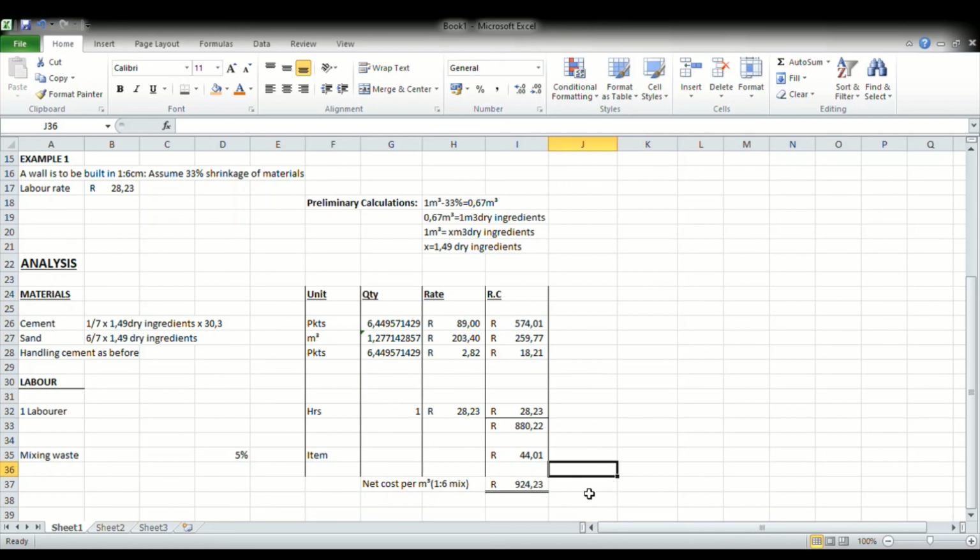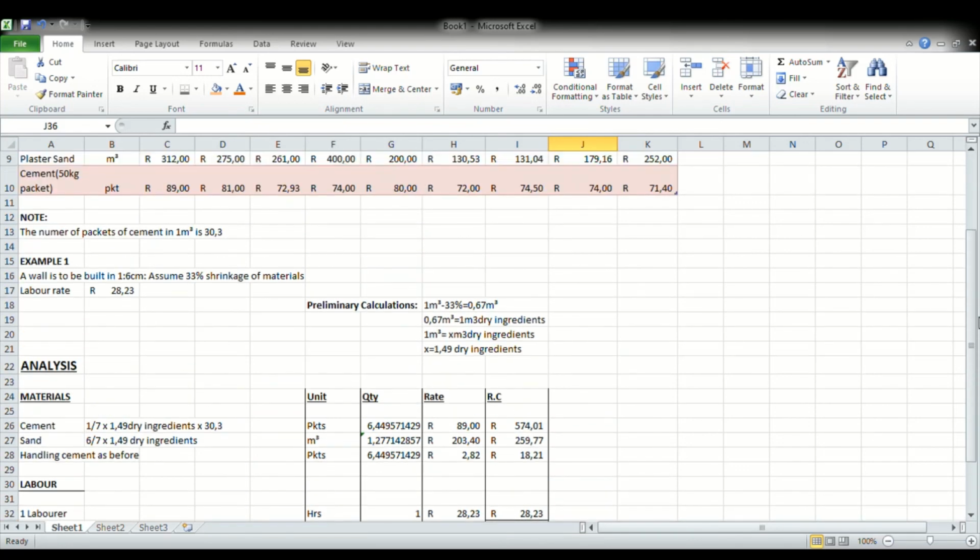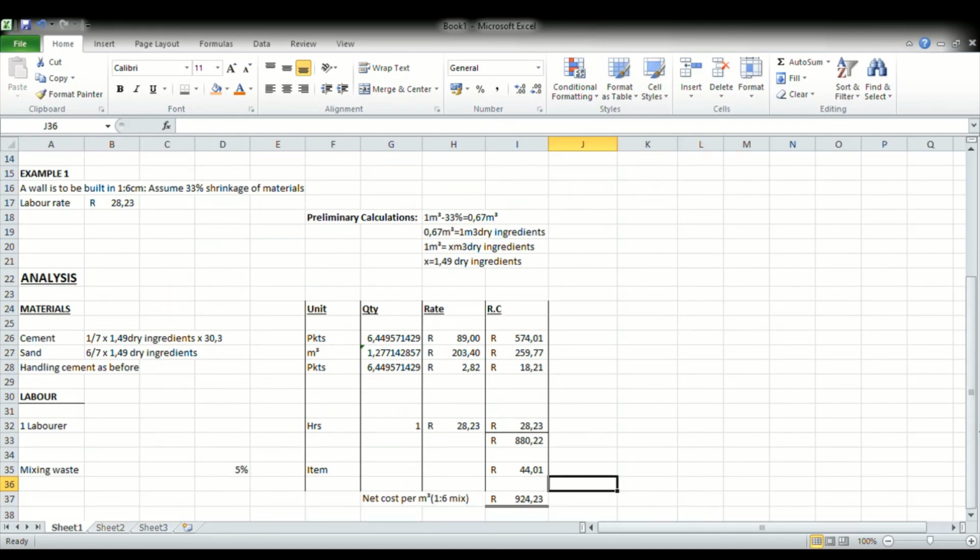We're going to take this net rate and place it in our mortar usage. You'll see that when we get there, these figures may not be exact, but I think they are in the region of what is correct.